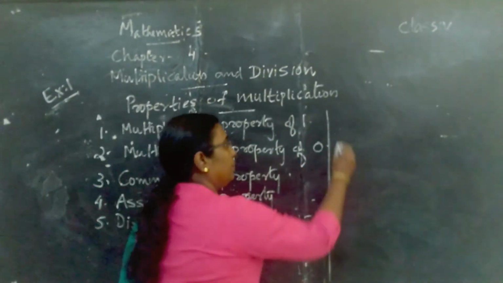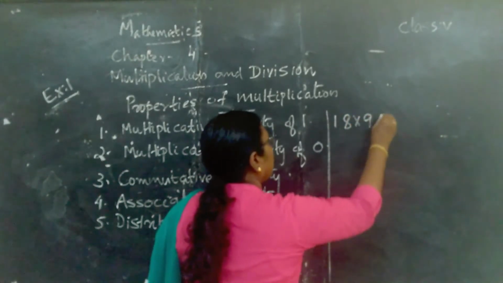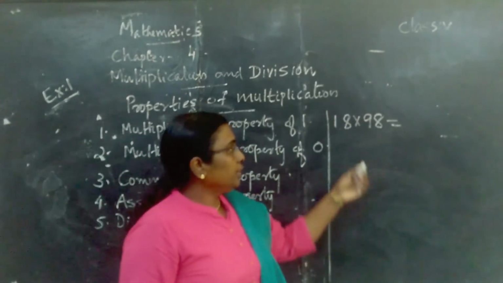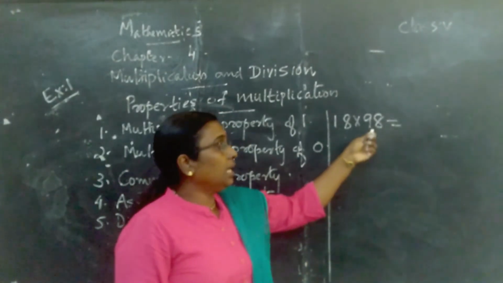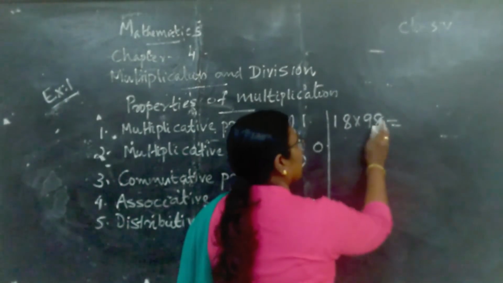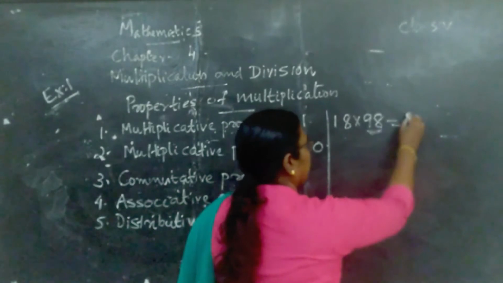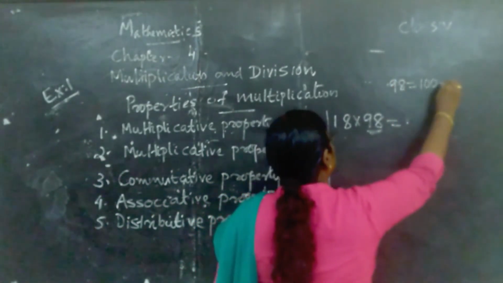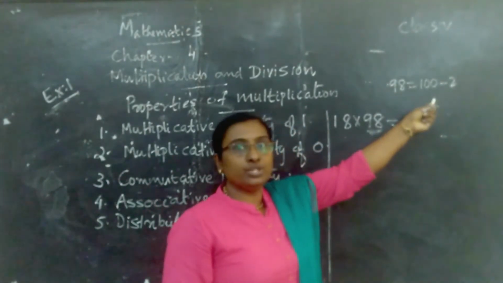Look here. Multiply 18 into 98. In order to multiply these two numbers, we can split the larger number, 98. 98 can be written as 100 minus 2.